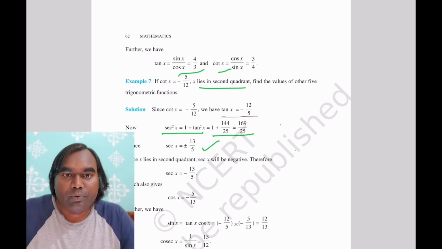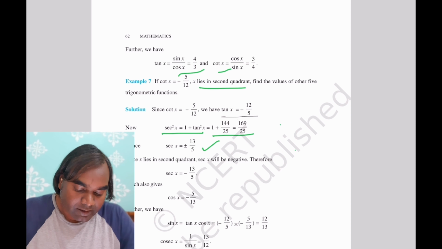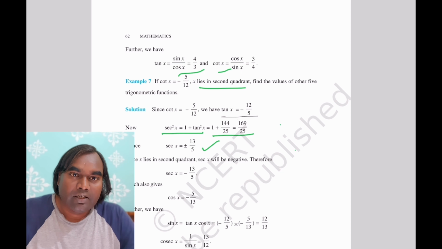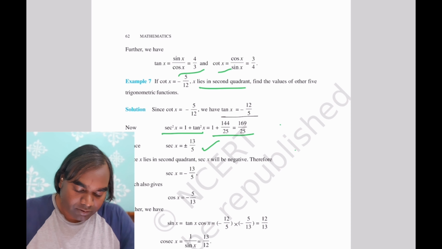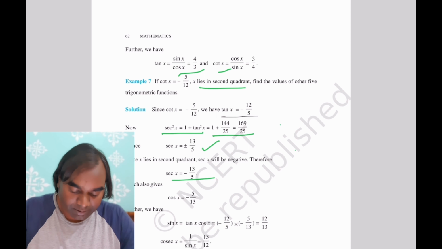So now we have to choose what sign we have to take. Since it is given that the angle x lies in the second quadrant, and since sec x in the second quadrant is negative, as cos x is negative in the second quadrant also, therefore we will take the negative value. Therefore sec x is equal to minus 13 by 5.